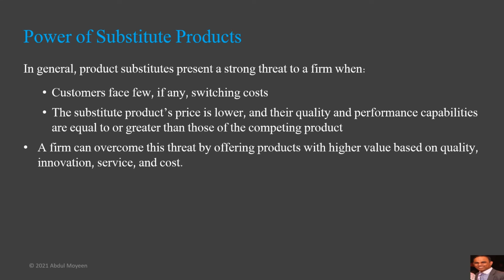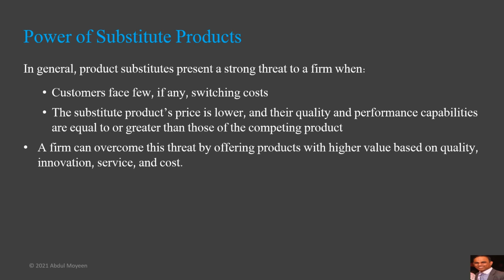In general, product substitute presents a strong threat to the firm when customers face few or if any switching cost, when the substitute product price is lower and their quality and performance capabilities are equal to or greater than those of the competing product, and when a firm can overcome this threat by offering products with higher value based on quality, innovation, service, and cost.